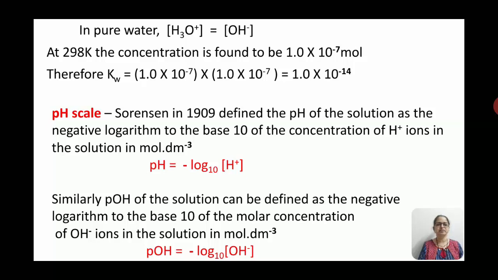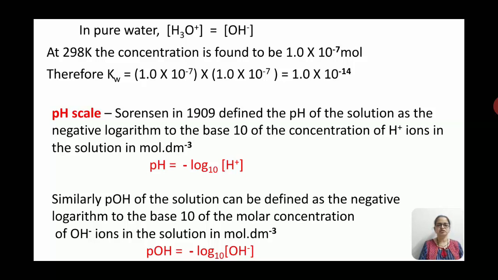He defined the pH of the solution as the negative logarithm to the base 10 of the concentration of H plus ions in the solution in moles per dm cube. The mathematical equation is pH is equal to minus log to the base 10 of the molar concentration of hydrogen ions.